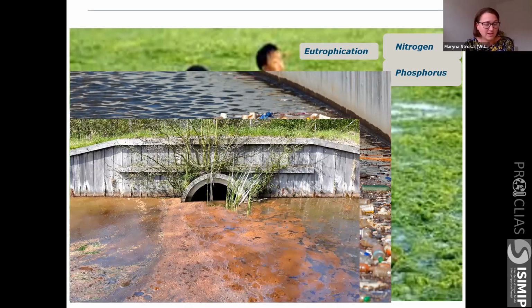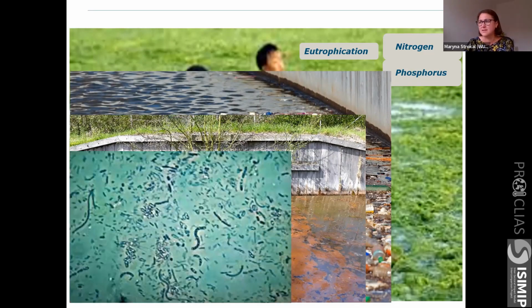Then all kinds of chemical pollution types that you can think of, and they can come from sewage systems, from pipes, and bacterial pollution, so microorganisms that can contribute to diarrhea, pathogens. So these pictures are just a few examples illustrating that our water systems today have multiple pollutants.